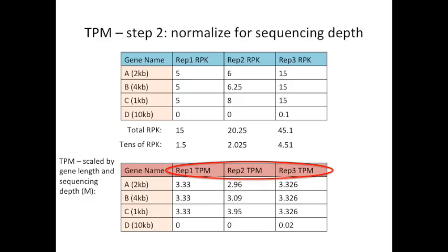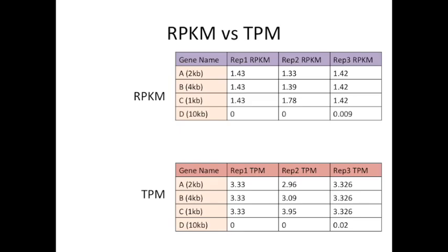We did the same things we did for RPKM and FPKM, except in this case we just did them in a different order. However, this will have profound effects on the results. Here's a comparison of the same original data sets scaled for RPKM and TPM. Above we have RPKM and below we have TPM.